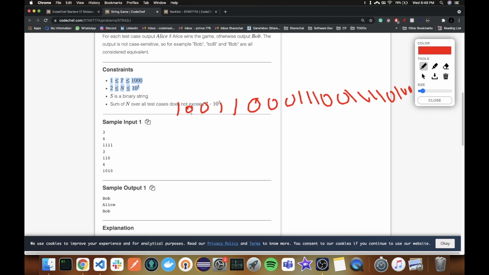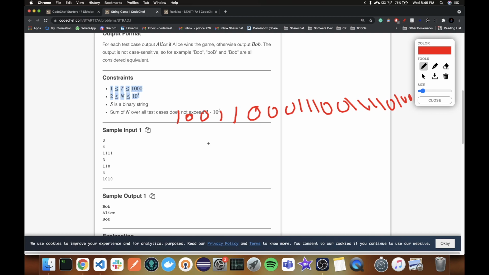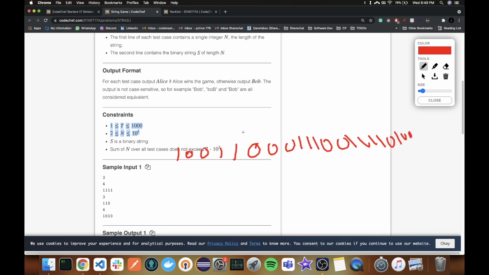So at every intersection, players can, let's choose an intersection. Okay, let's choose this intersection. The first player makes a move and he can remove either this or this.